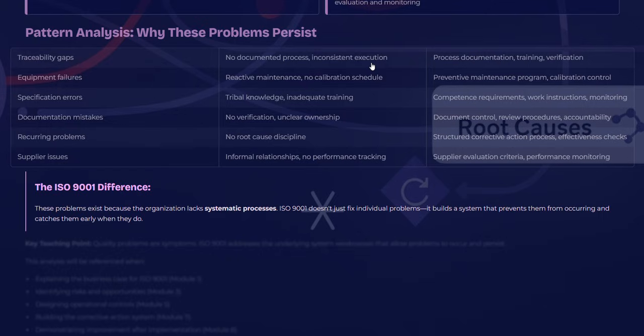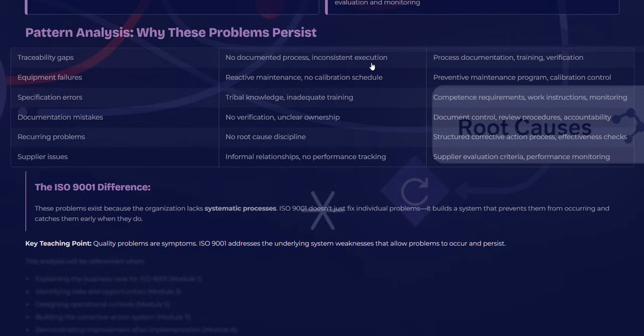ISO 9001 difference: these problems exist because organizations lack systematic processes. So ISO 9001 doesn't fix individual problems. It builds systems that prevent them from occurring and catches them early when they do.